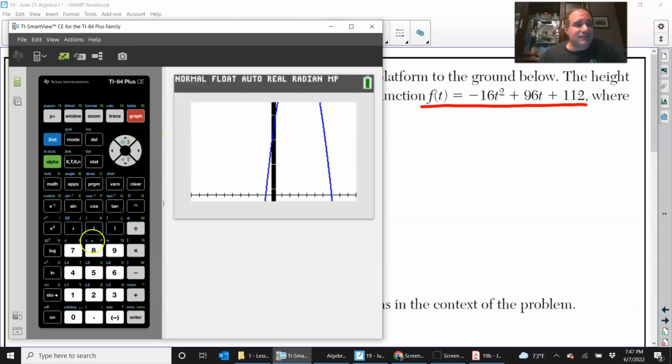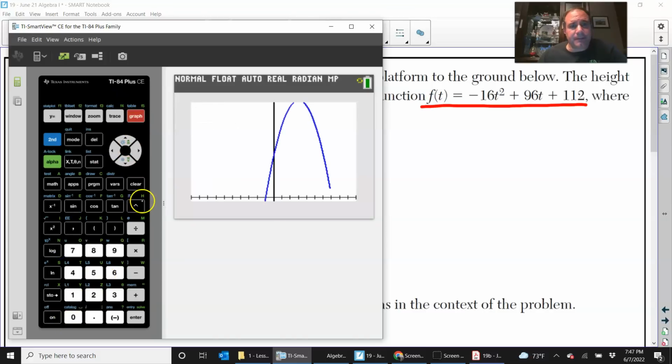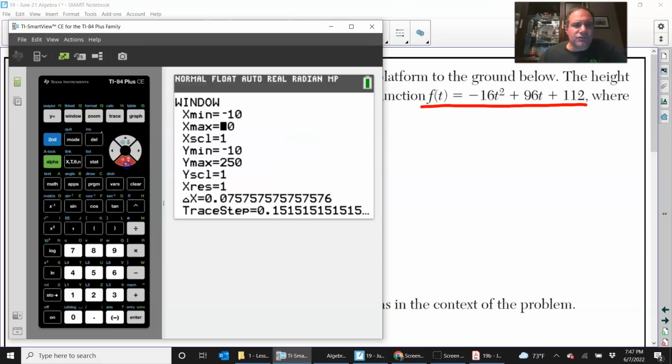It's not enough. So I am going to go back to the window again, and I'm going to put it as 250. Graph. Still not enough. Window. 300.